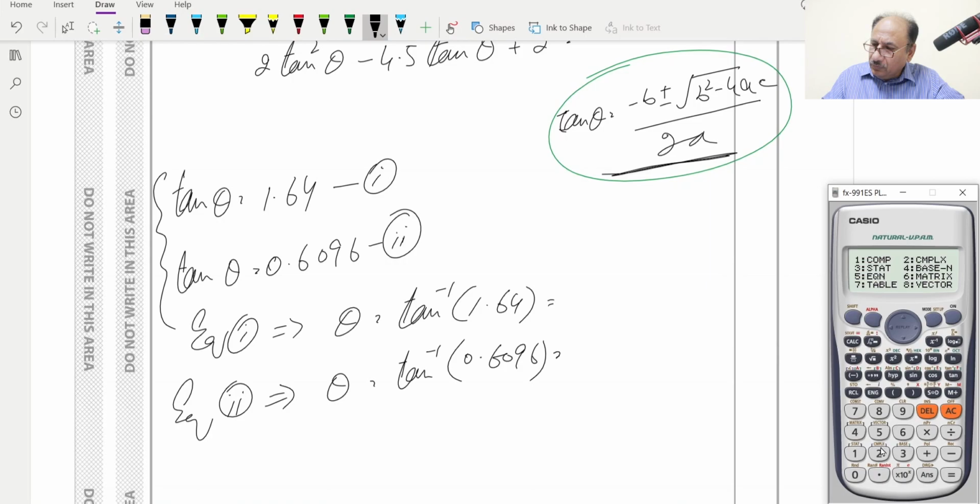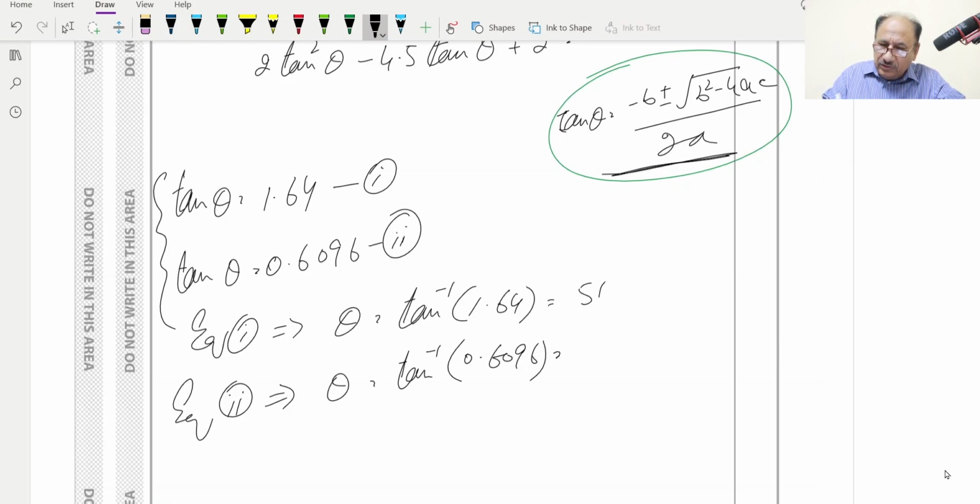This will be mode 1 and shift tan, we can write 1.64, and this will be equal to this. This is radian mode. We can shift mode to degrees, which is 3, and we can calculate this will be 58.626 degrees.